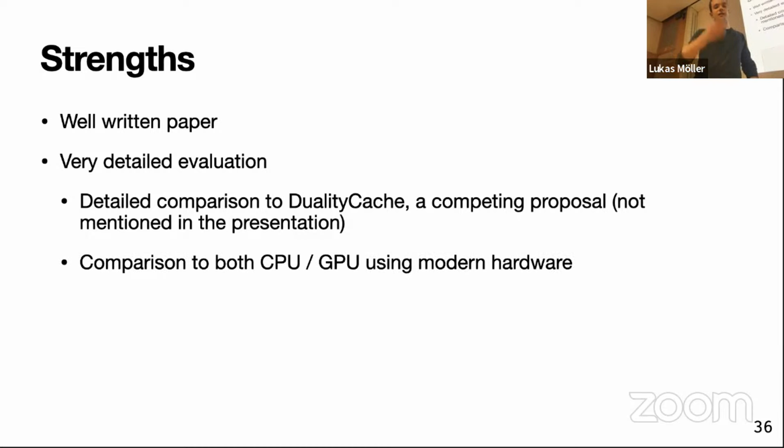They also compare SIMDRAM to CPUs and GPUs, which are using modern hardware, which is, in my opinion, a very fair comparison. And lastly, I really enjoyed that they tested it using real-world kernels, which seemed to be applicable, like convolutional neural networks and database queries, which can be used in applications.